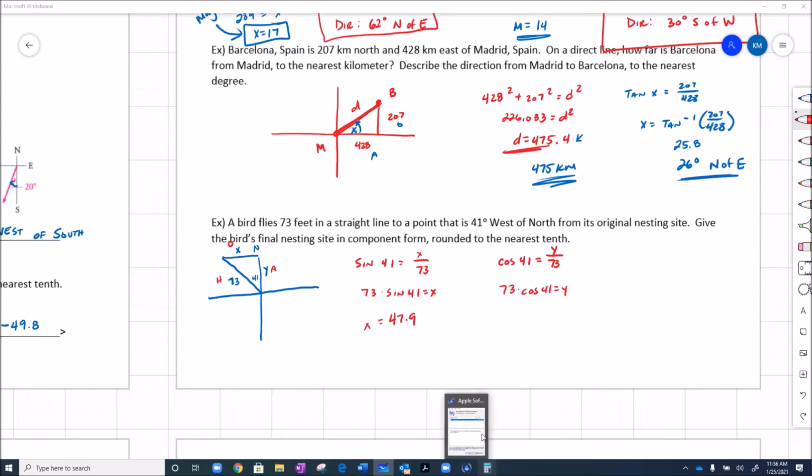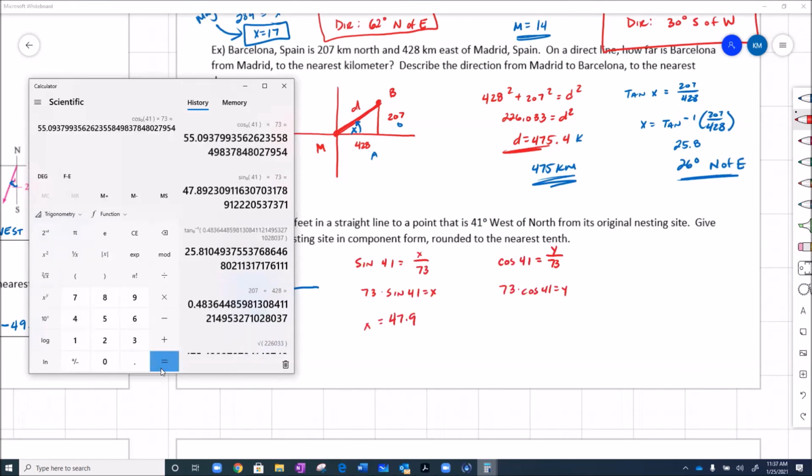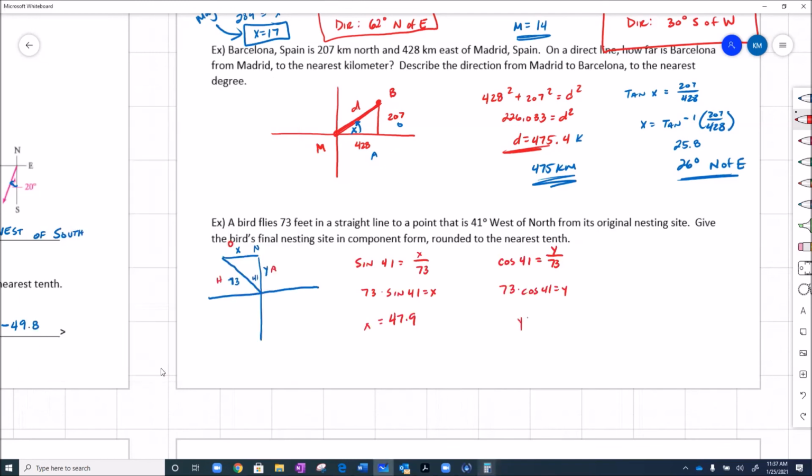And then back to it, do the same thing for our y value. We use 41 cosine, so the cosine of 41 times 73. And that gives us 55.09 or 55.1. Okay, so these are our values.